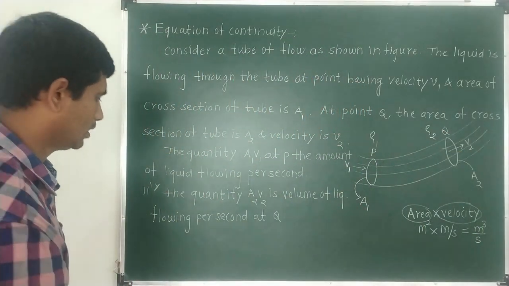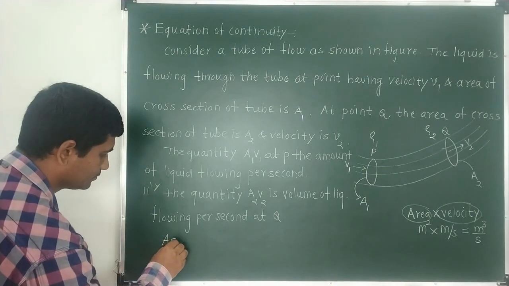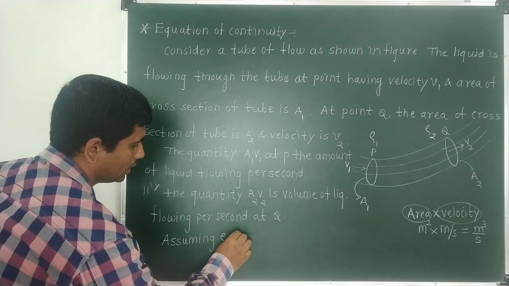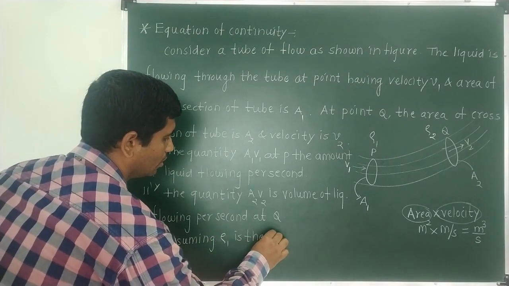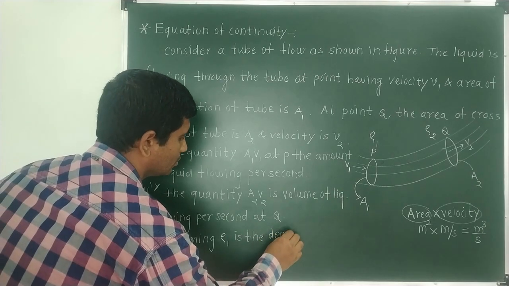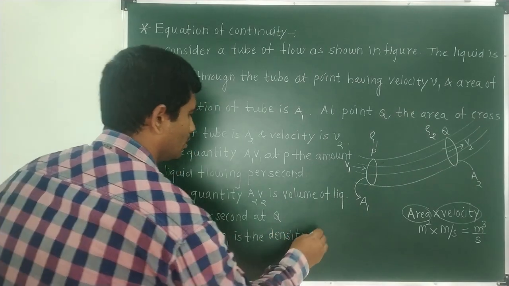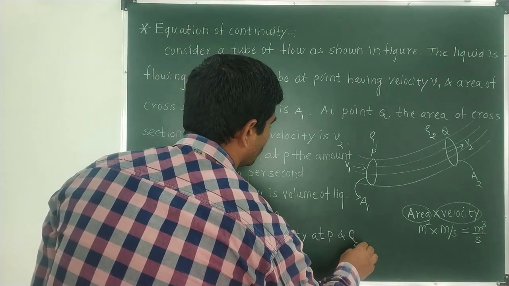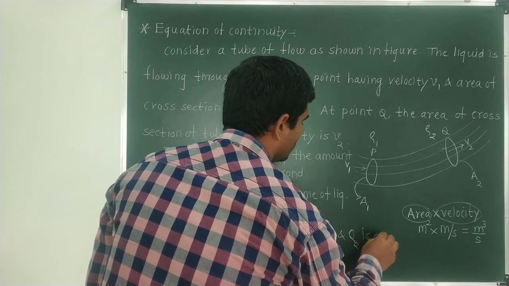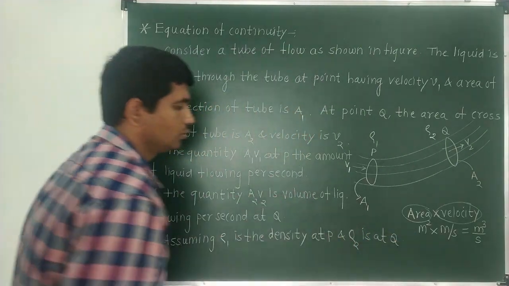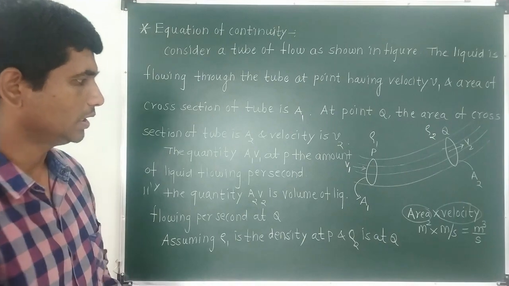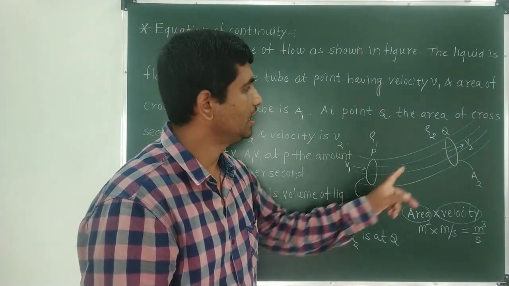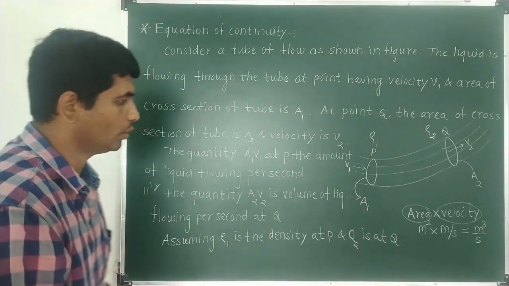Okay, so what we have assumed is that ρ1 is the density of the liquid at point P and ρ2 is the density of the liquid at point Q.